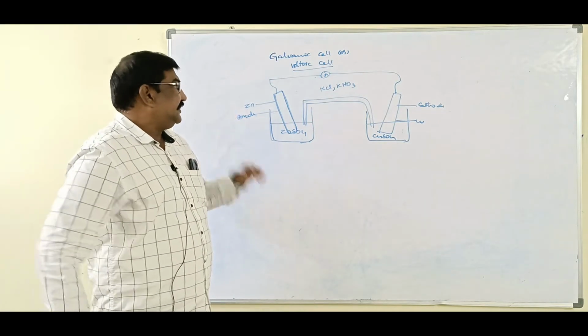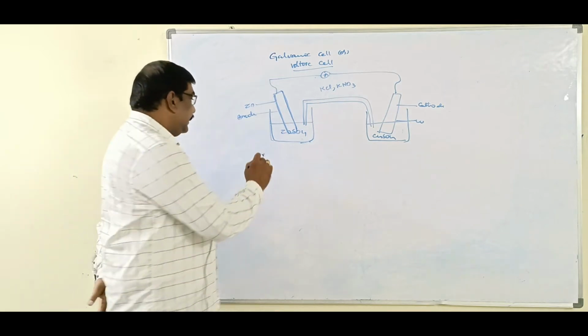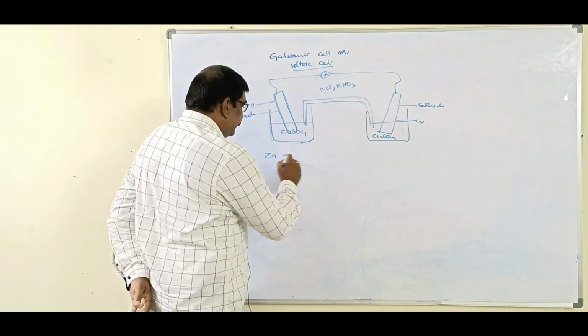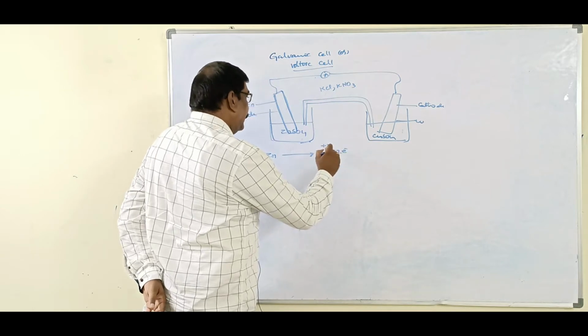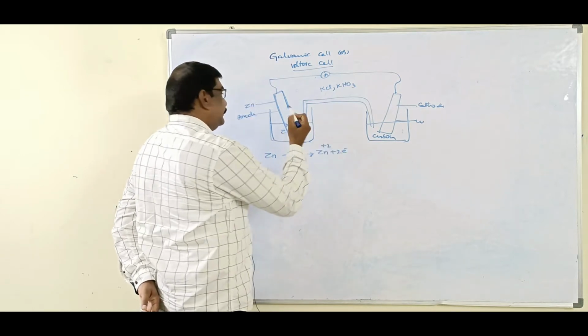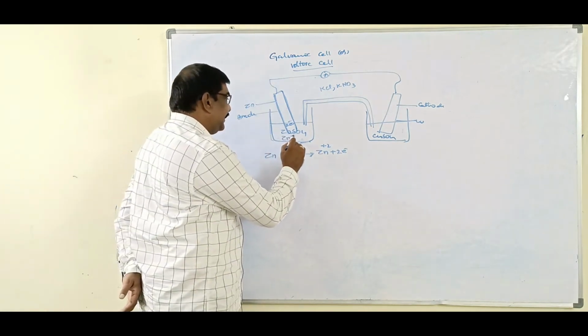So here zinc acts as the anode. Each zinc atom releases 2 electrons on this plate and enters into solution as Zn plus 2.